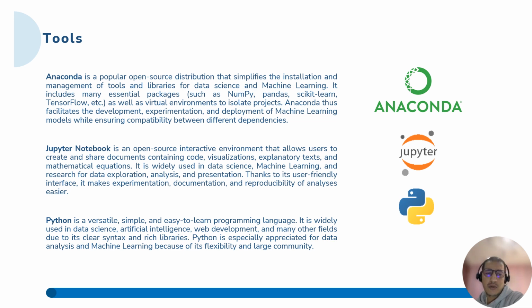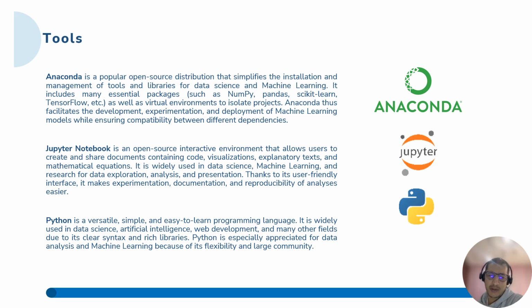The tools. We will use three tools today to try to model machine learning algorithms. We will use, first of all, Anaconda. It's a popular open source distribution that simplifies the installation and management of tools and libraries for data science and machine learning. We'll use also the Jupyter notebook.